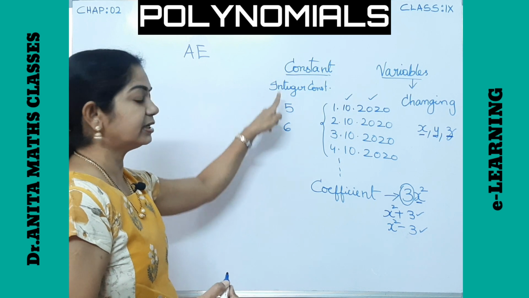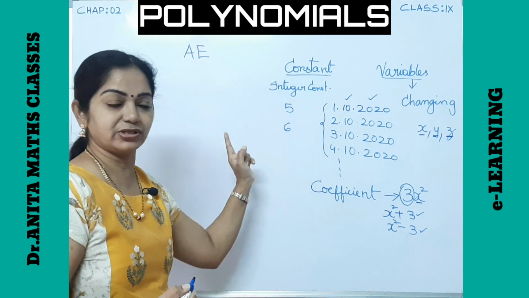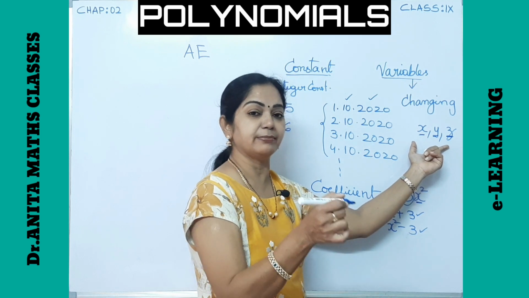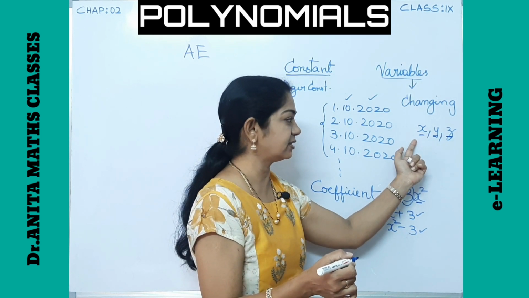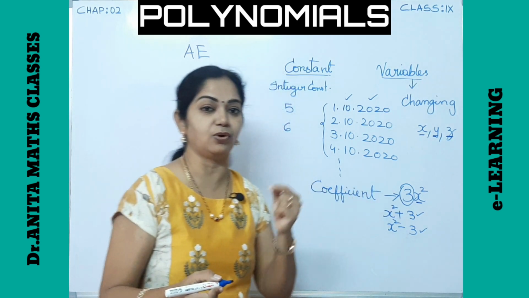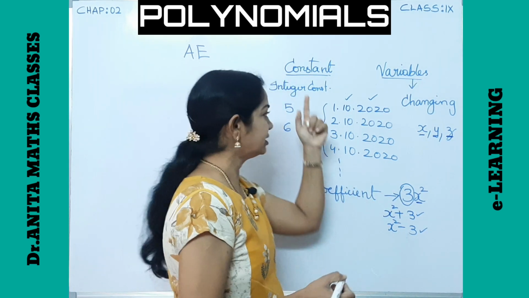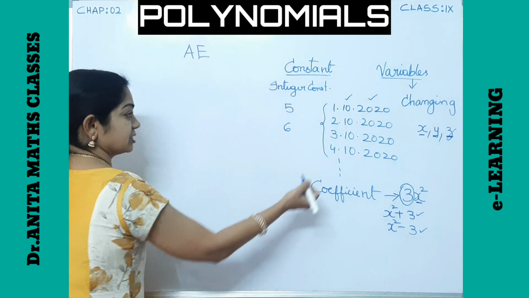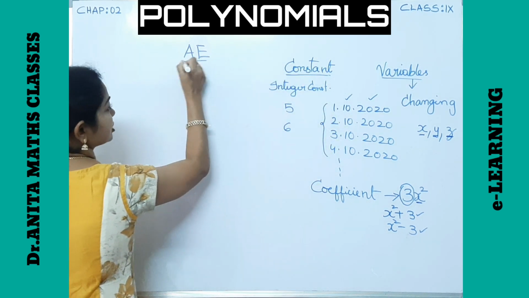And just the number, integer constants, are called constants, and variables are those where, when we put in numbers, it keeps on changing. Those are the x, y, z, small a, small b, p, q, all those are variables. So these are the terms we know in our algebraic expression. So what is an algebraic expression now?